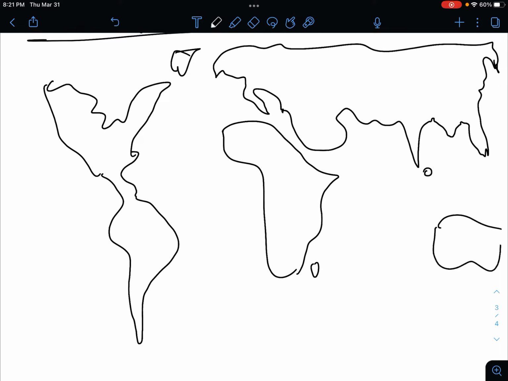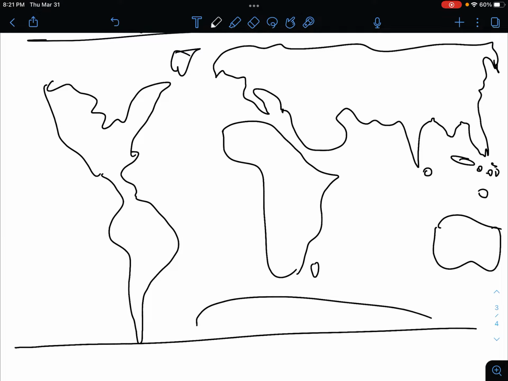Now you have so many islands. Just a rough diagram. Now you can mark wherever there is high economic development as well as high human development.